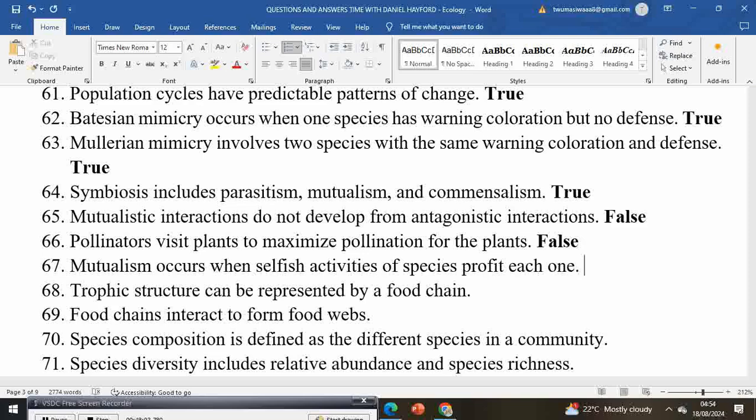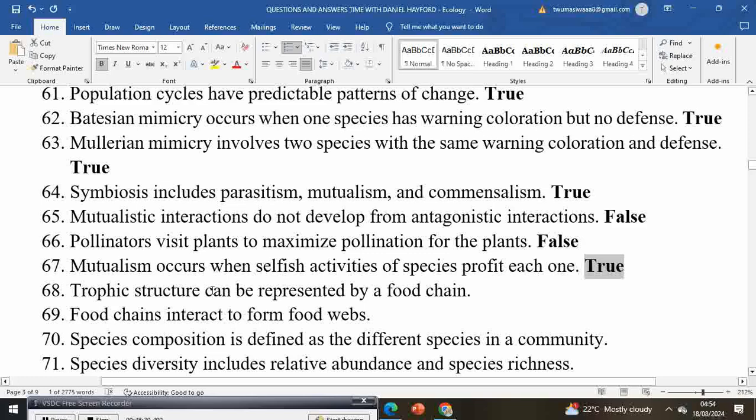In other words, organisms in mutualistic relationships are not necessarily there because of the other organism, but because of what they can get. The only good side is that the activities of both species profit each other. So the statement here, which is 67, is true.